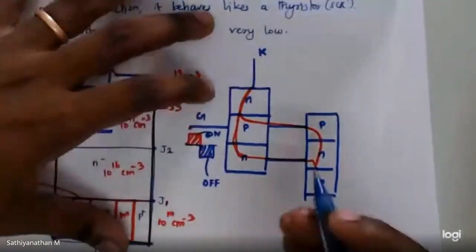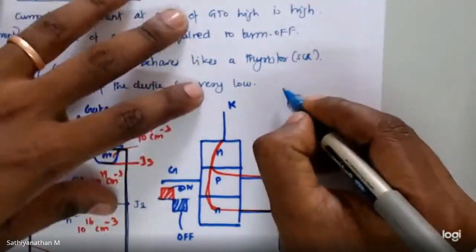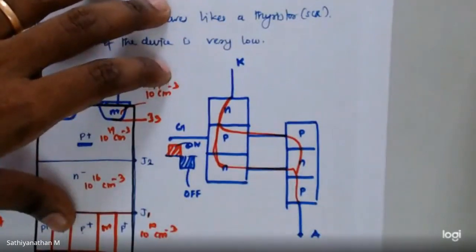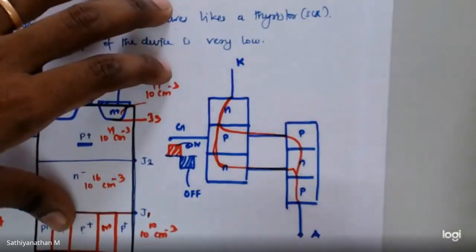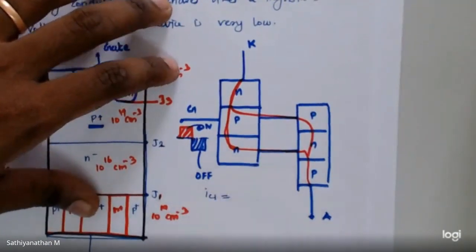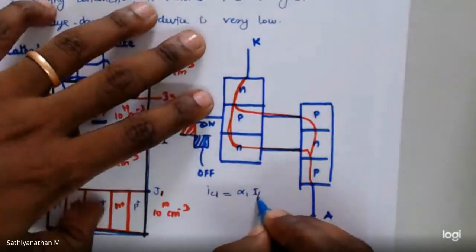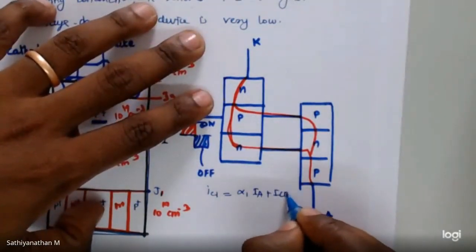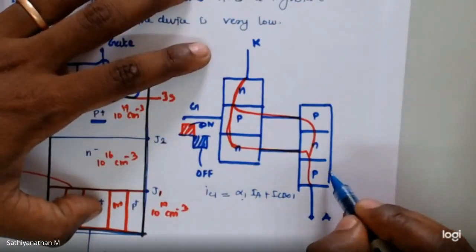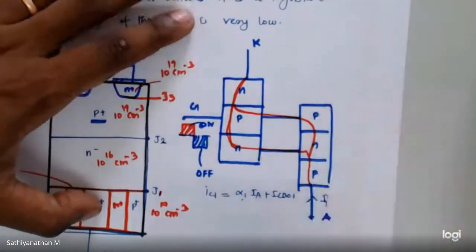Here you have two circuits, NPN and PNP, and we derived an equation for collector current 1: IC1 equals alpha 1 IA plus ICBO1. Alpha 1 is the current gain of this transistor.